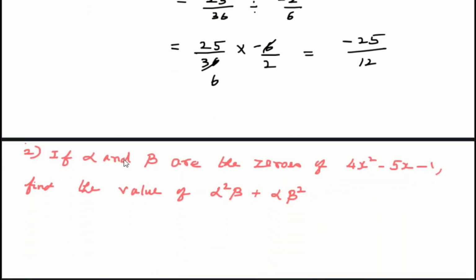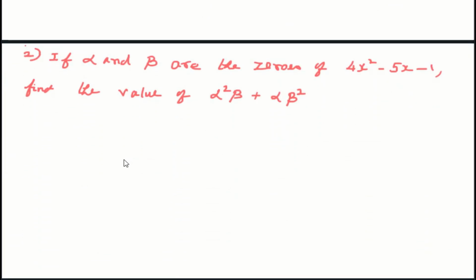Let us proceed to one more question. If alpha and beta are the zeros of this equation, find the value of this. So let us try to solve. We know the sum of zeros. Here alpha and beta are the zeros.